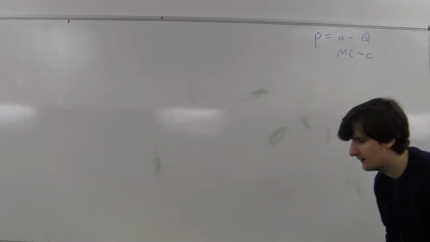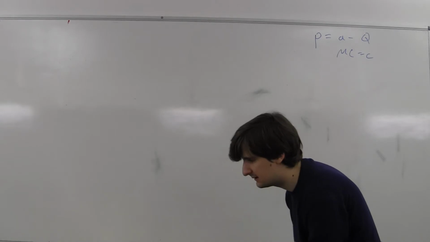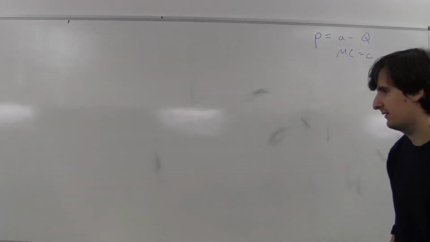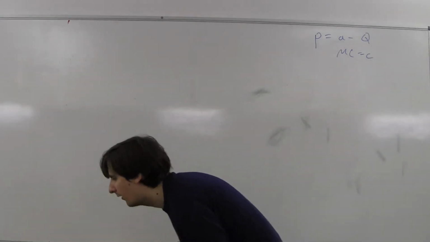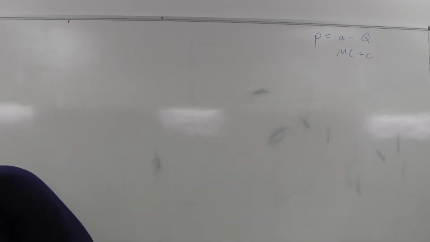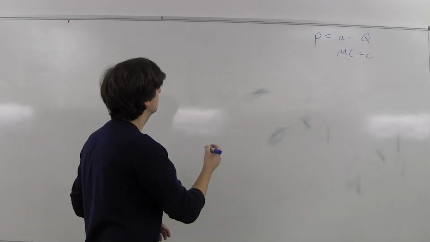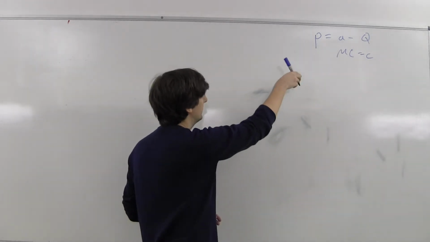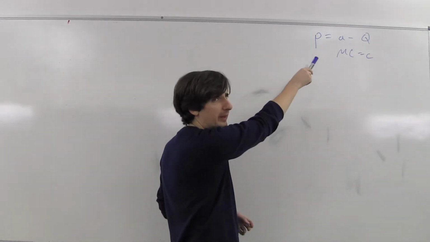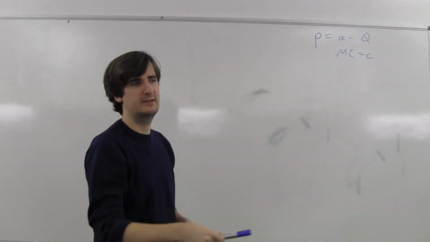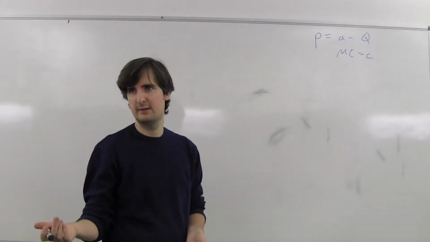And the government imposes a tax of $T per unit of output. So $T per unit. So if the monopolist sets a price P, then the consumer ends up paying a price P plus T.